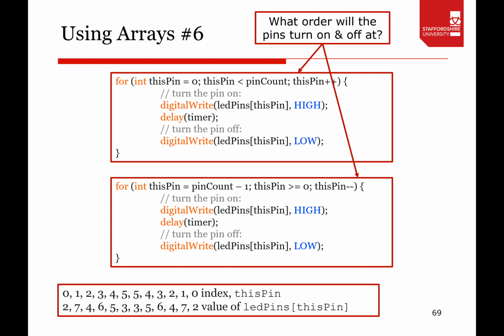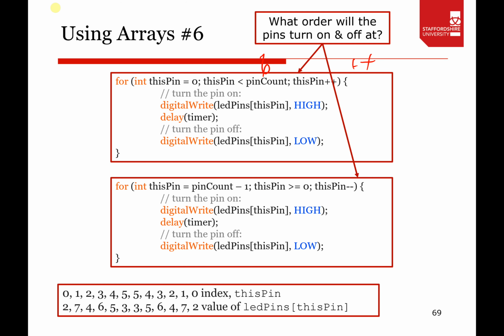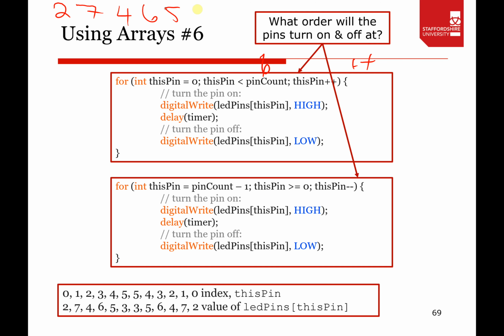So what order will the pins turn on or off at? We've got the same loops here from this pin equals 0 to this pin is less than pin count. So pin count is 6 and we're adding 1 up this time. I can't remember what we had. We got 2, 7, 4, 6, 5, 3.